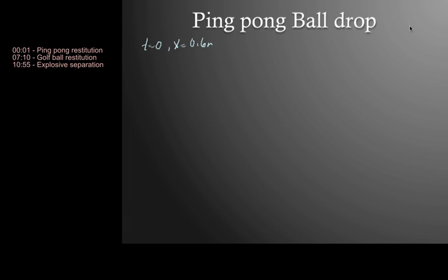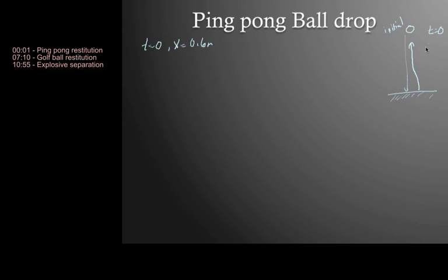So let's go ahead and make a rough sketch here of what's going on. So here's our initial t equals 0. The ball falls down, has a collision with the table, and then bounces back up.